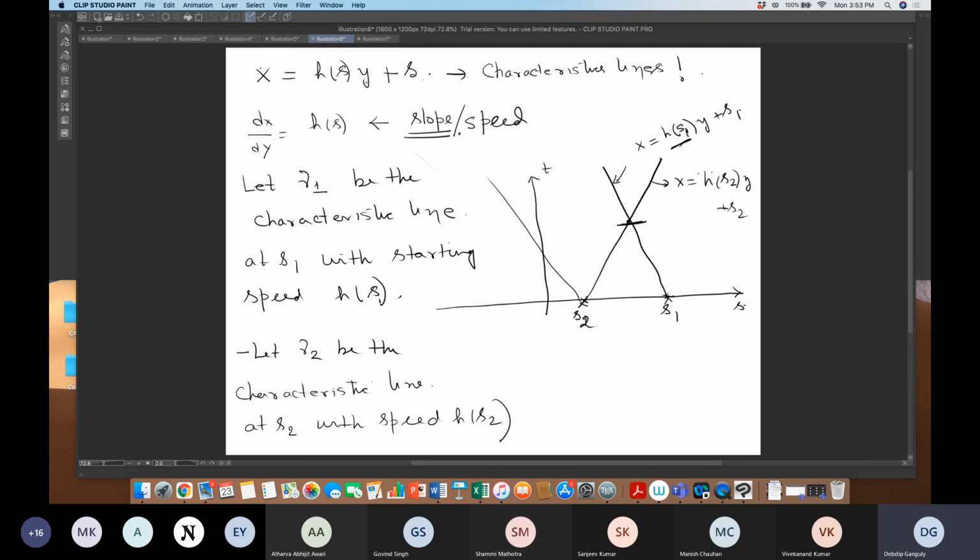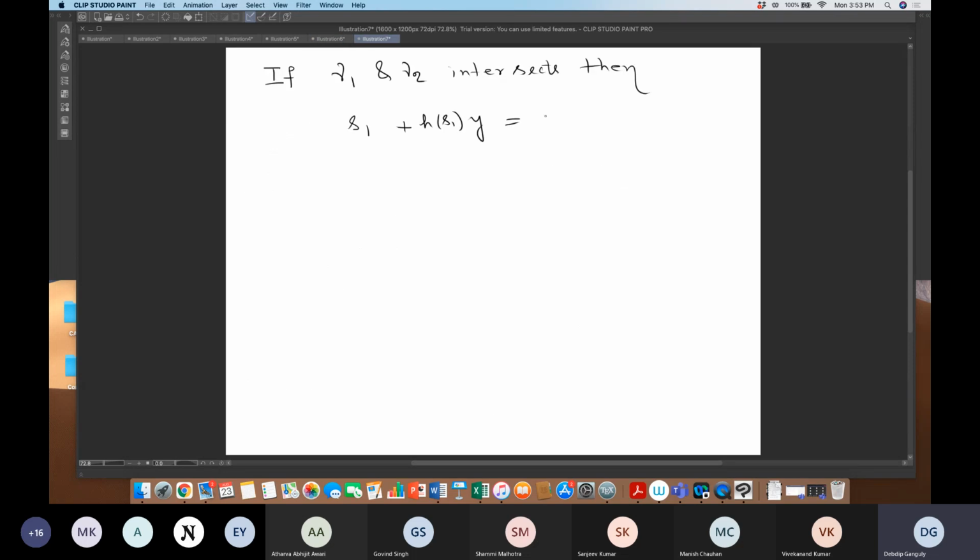Suppose gamma 1 intersects gamma 2, that means x1 should be equal to x2. So S1 plus h of S1 y equals S2 plus h of S2 y. If we calculate, we will get y equal to S1 minus S2 by h of S2 minus h of S1.